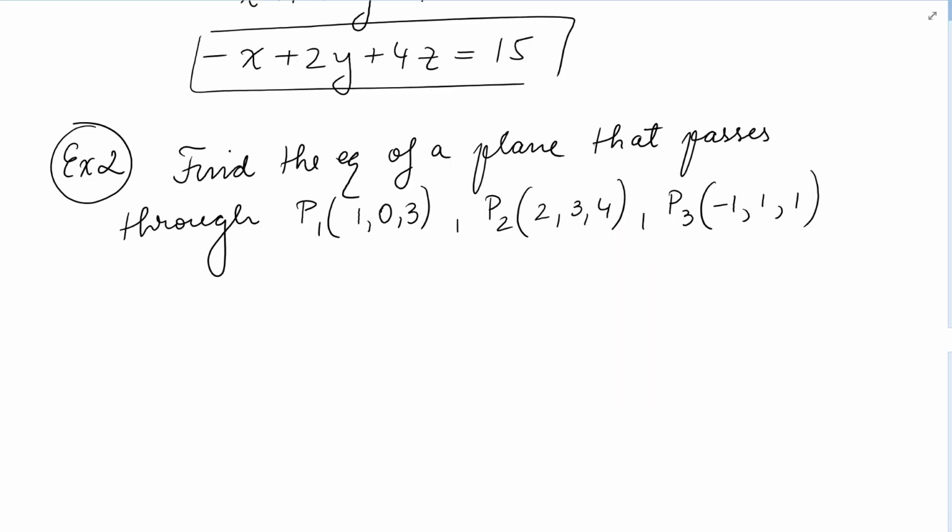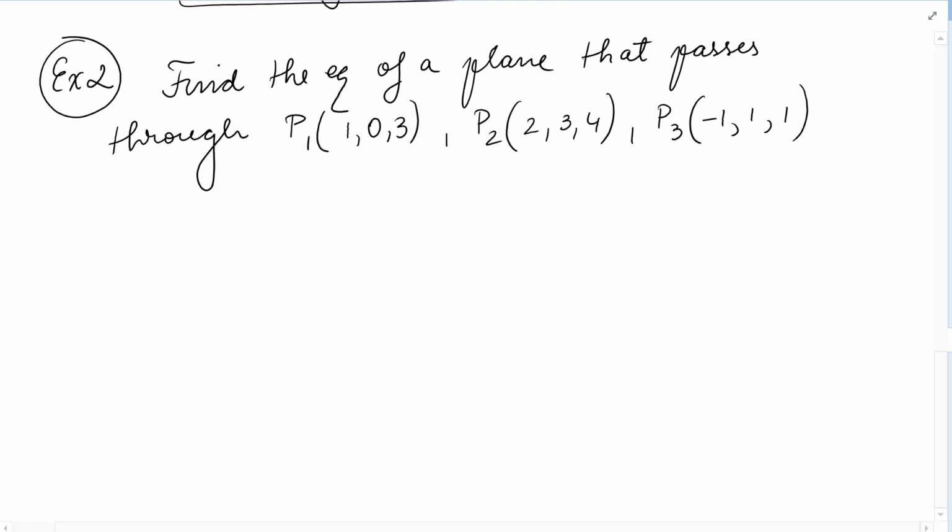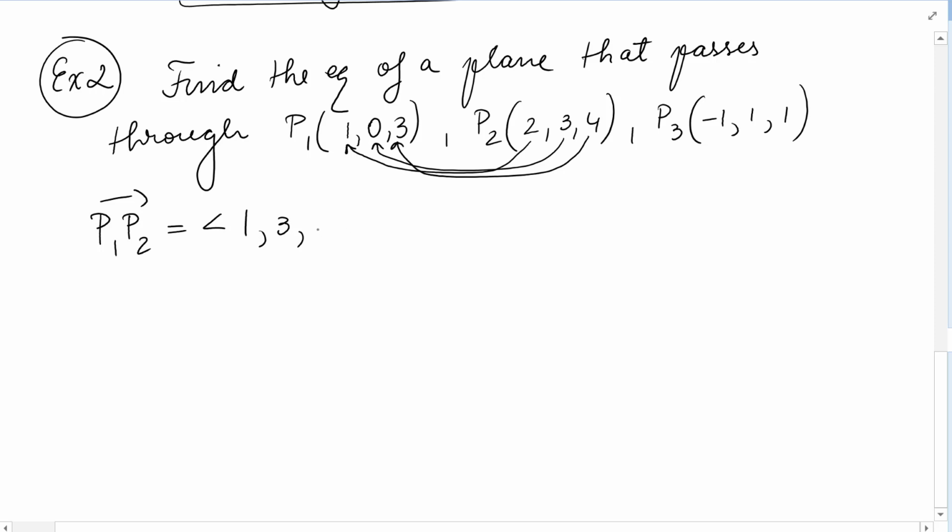And let's do one more problem. Find the equation of a plane that passes through the points P1, P2, P3. In order to do that, I'm going to calculate vector P1P2, which is given by 2 minus 1, so it's 1, 3 minus 0, which is 3, and 4 minus 3, which is 1.